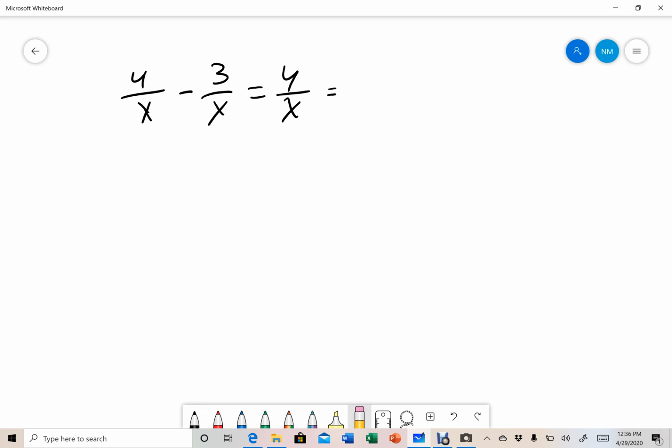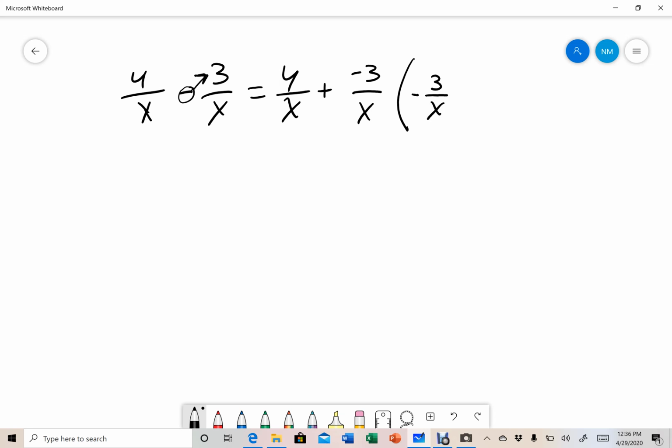Now when I put an addition sign there, I'm basically going to take this subtraction sign and apply it to my numerator, one of my terms. So this is going to be written as negative 3 over x. In other words, this here, negative 3 over x, is the same exact thing as negative 3 over x.